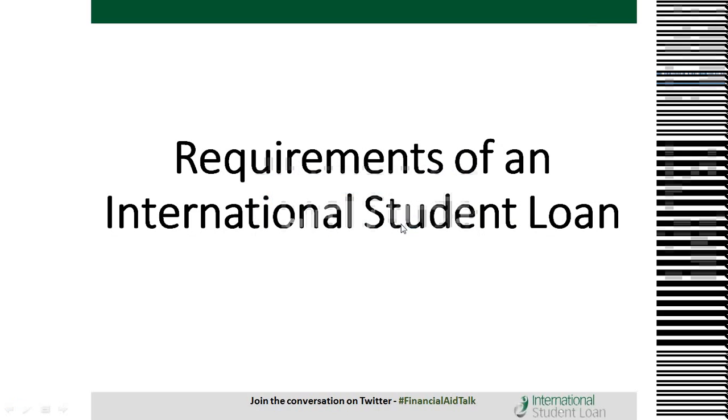Okay. We have another question. I'd like to ask about how to get a grant for the preparation of a master's degree. What are the requirements? Grants are different than loans. The way to look at financial aid is there are many different sources of financial aid.